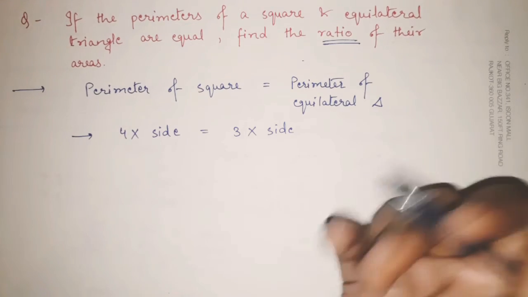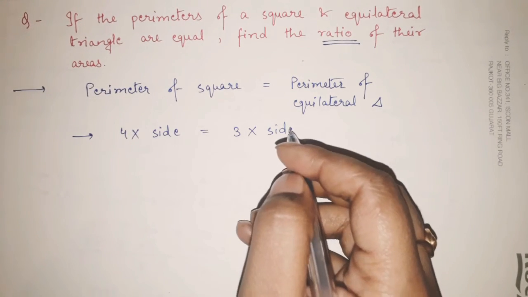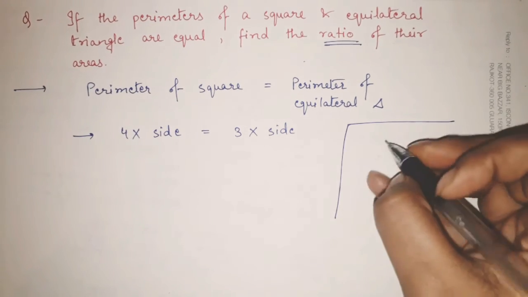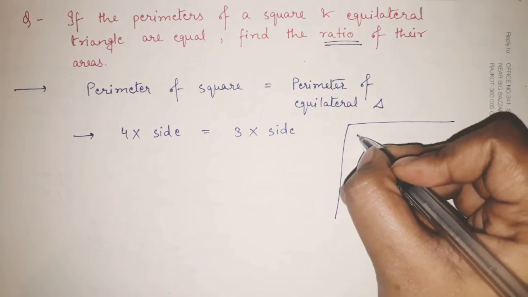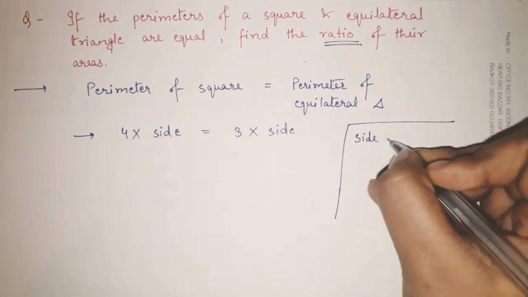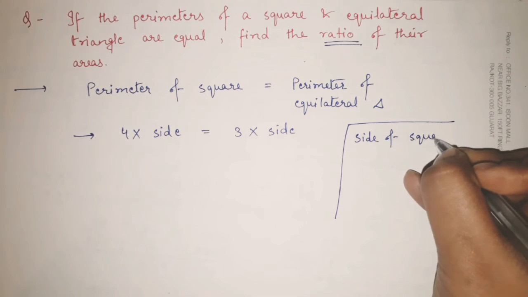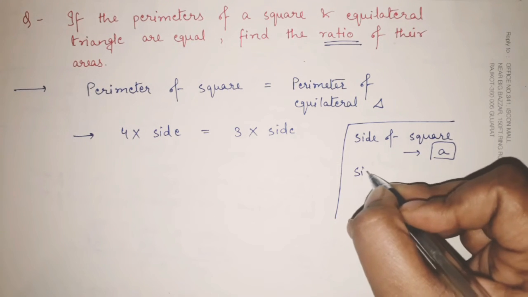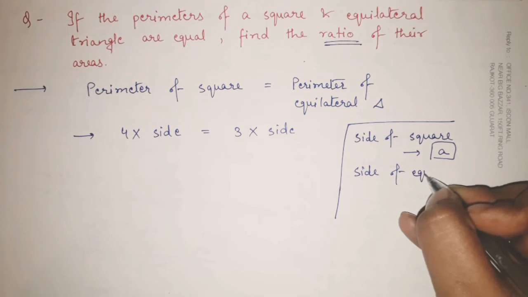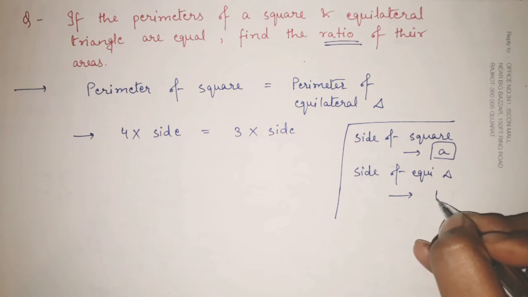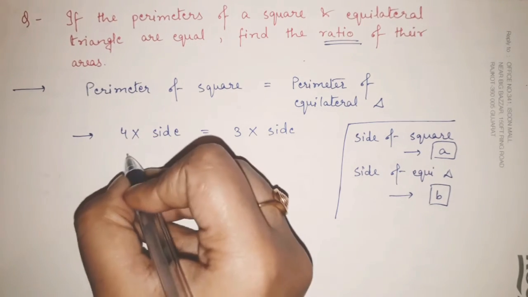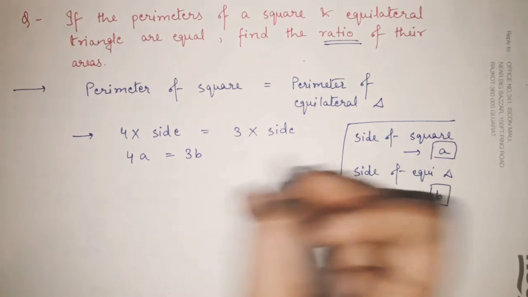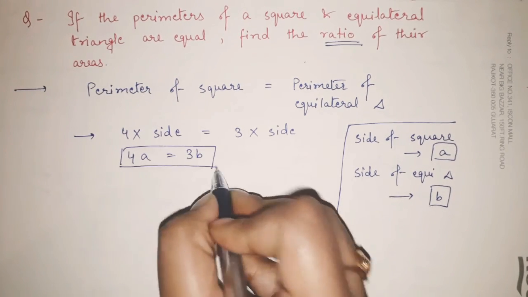Now, we don't know what is the side of square and triangle. So here we are assuming, let's say side of square, let's assume it as A, and side of equilateral triangle, let's assume it as B. So here we will get that 4 into A is equal to 3 into B. Okay, so this is the first thing that we got.